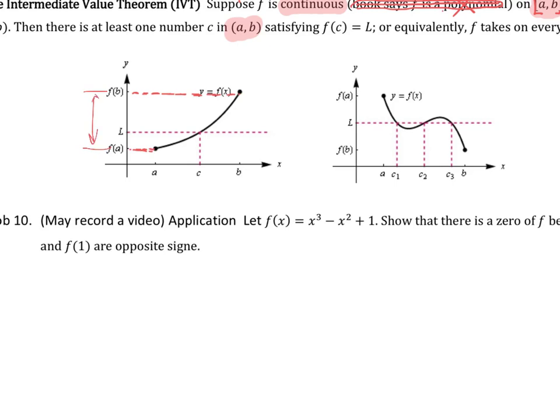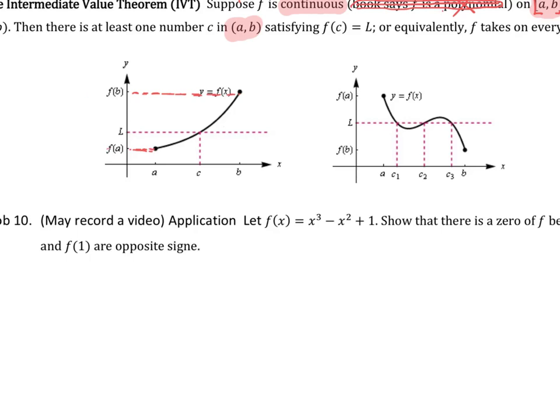Say you pick another one. Do you see I can always find another c right here, where f of c is equal to the value you pick, right? So that's what this theorem is all about. Let's make sure that we understand what the theorem says.